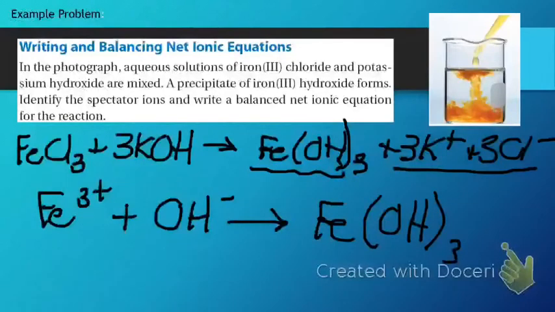Okay, now we need to balance this for mass and charge. We have 3 hydroxides on each side. We have 1 iron on each side. Our charges are neutral on the left, +3 and a -3, and we have a neutral compound on the right. So there we are.